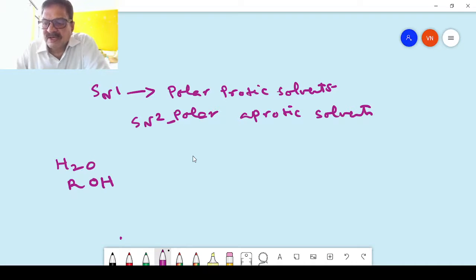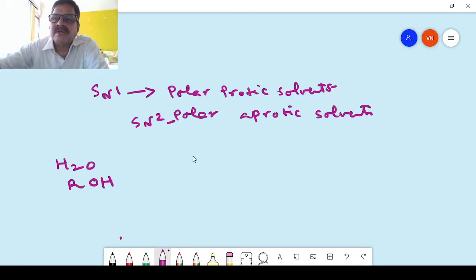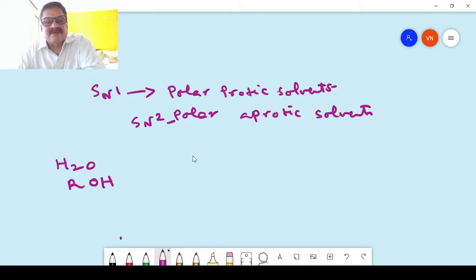Both these ions are solvated by the polar protic solvents.